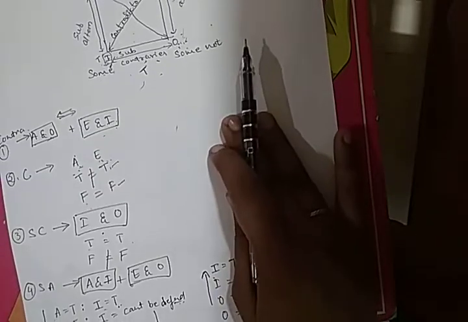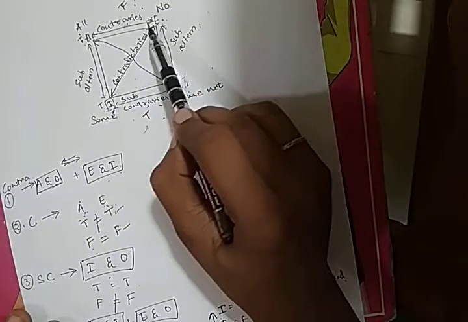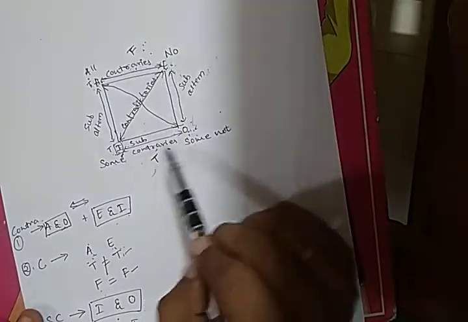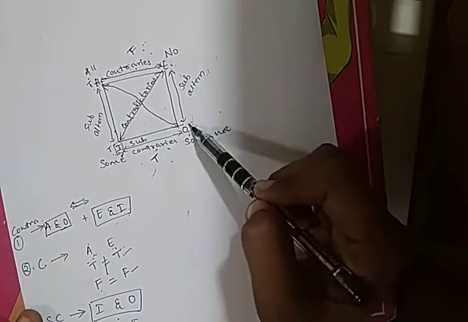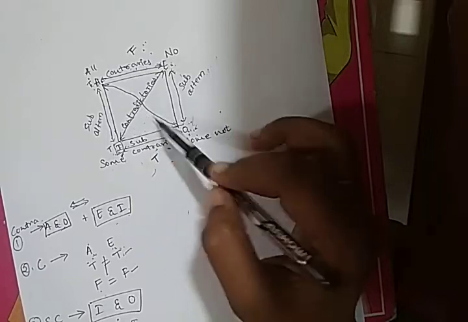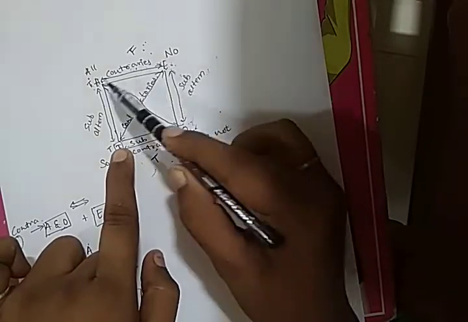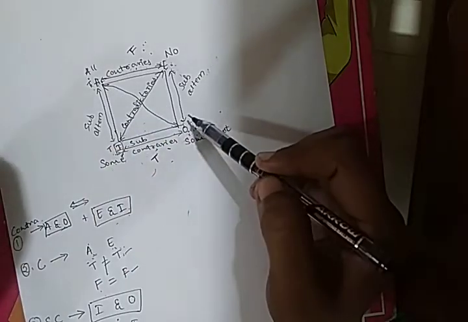There are four possible combinations: contraries, subcontraries, subalterns, contradictories. In the first case, contradictories, these will be opposites.